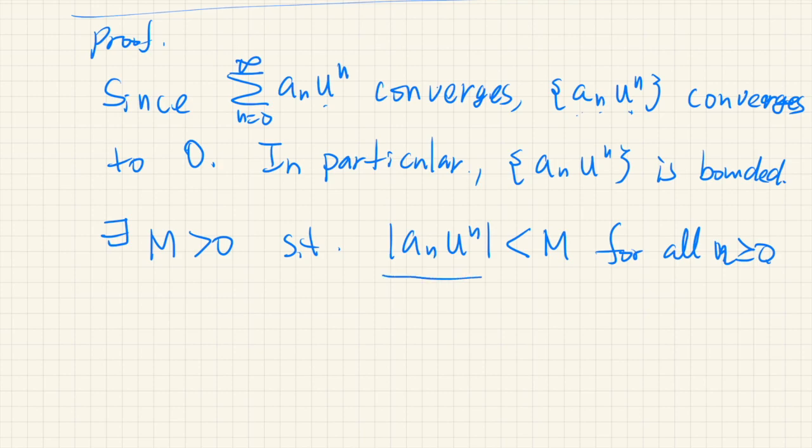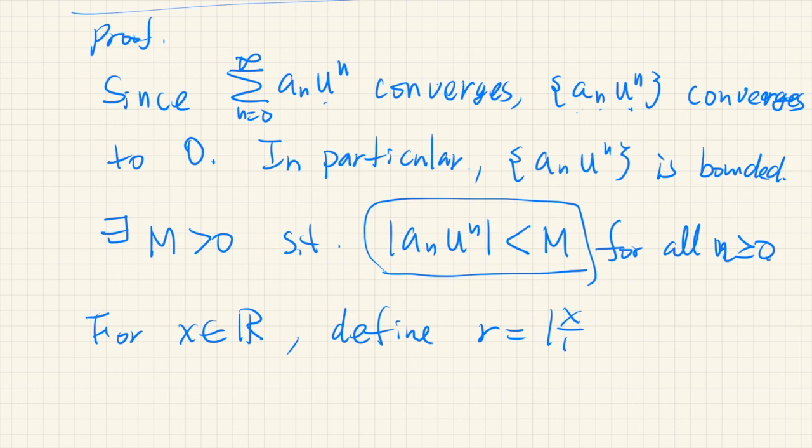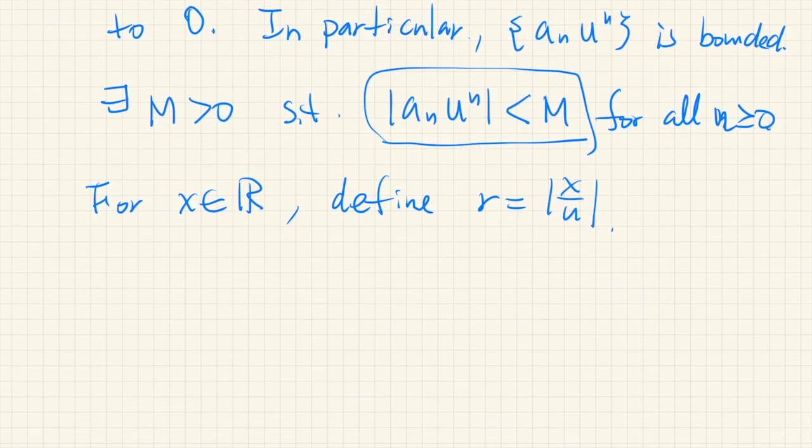That is what we mean by this sequence is bounded. Now, for any real number x, let us define r equal to the absolute value of x over u. Then we have the following inequality.